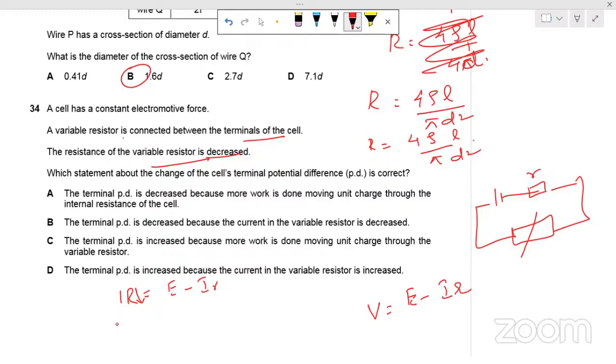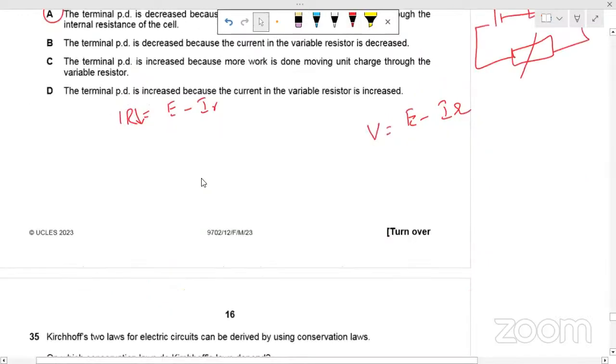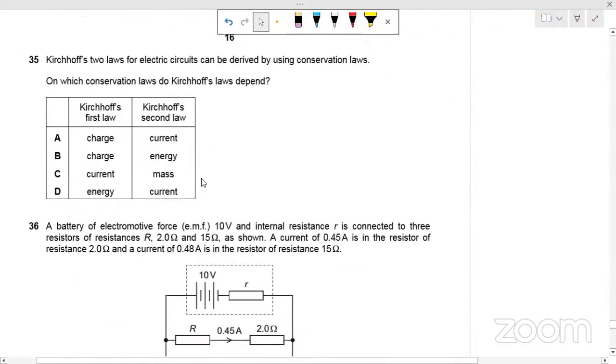Terminal potential difference is IR, so that will decrease because more work is done moving a unit charge through the internal resistance. Current will increase, so more power will be dissipated across internal resistance. Very simple. First law is conservation of charge, second law is conservation of energy, so 35 is B.